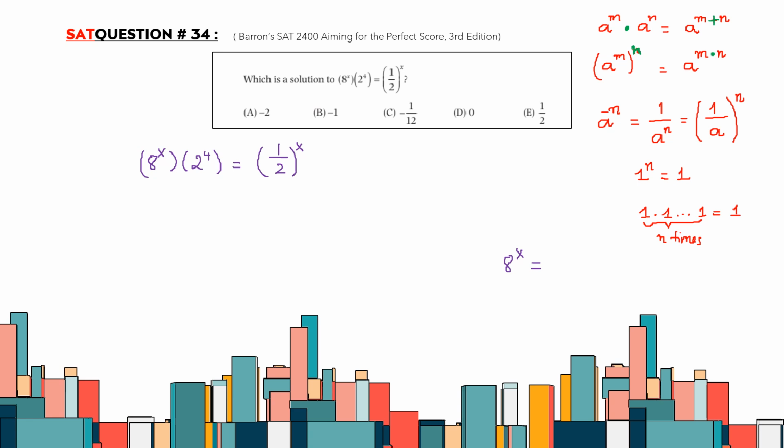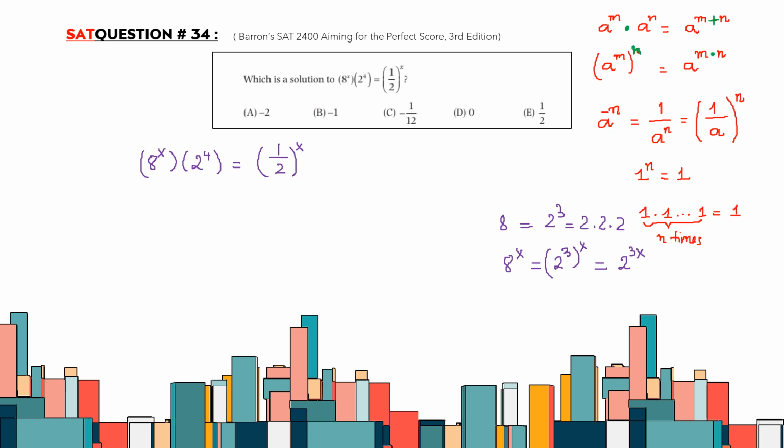We can always convert to the smallest base number, and the smallest one is 2. So 8 is 2 to the power of 3, which is 2 times 2 times 2. So 8 to the power of x is 2 to the power of 3, to the power of x. We apply the power rule, so we have the base right here, 3 times x is 3x.